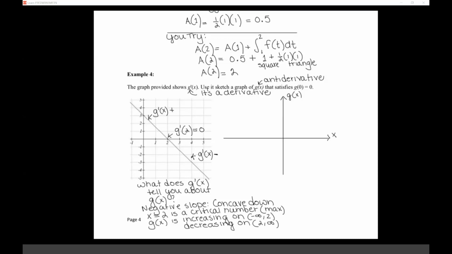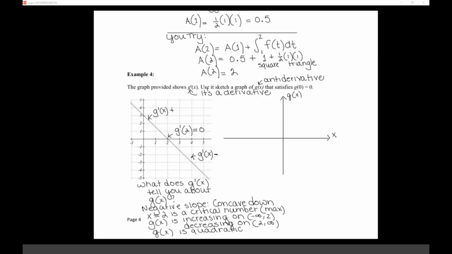Okay. Now tell me this. What gives you a linear derivative? What sort of a function? A quadratic, right? Okay. So we know that g of x is quadratic. It's a parabola.